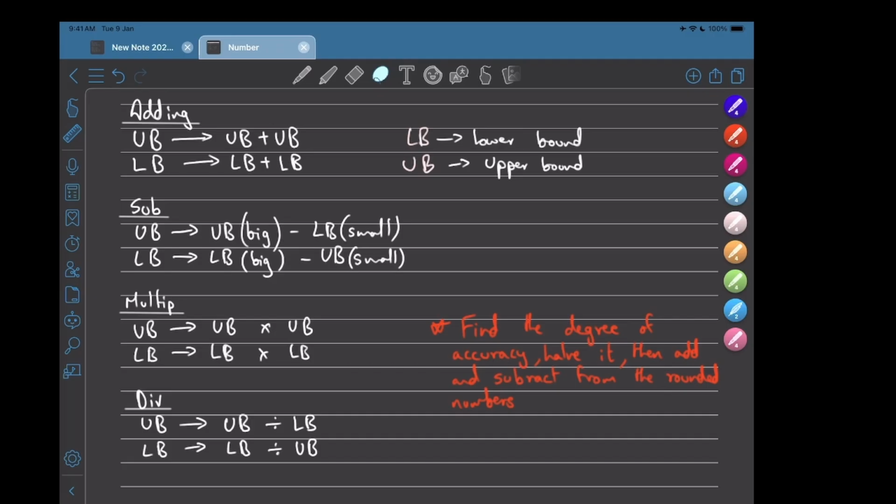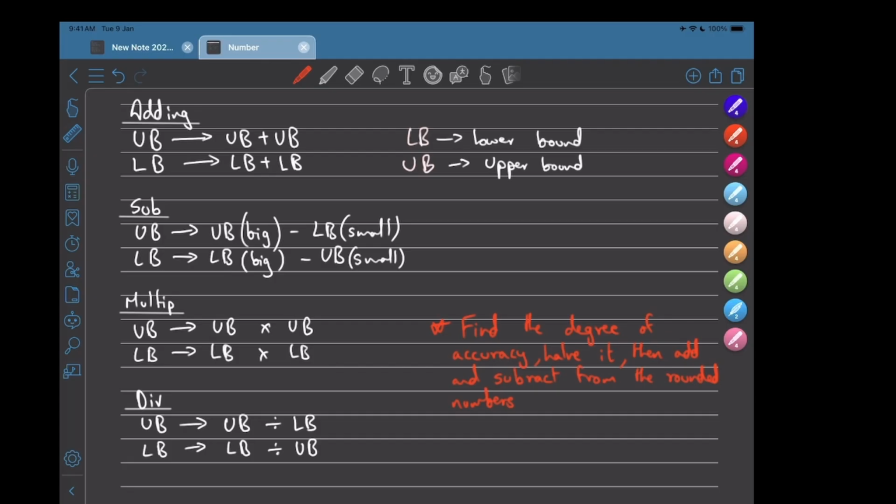Let me explain the easy way. For addition and multiplication, it's the same thing. For upper bound, you always take upper bound plus upper bound for addition, and lower bound plus lower bound. For multiplication, upper bound multiplied by upper bound, lower bound multiplied by lower bound.